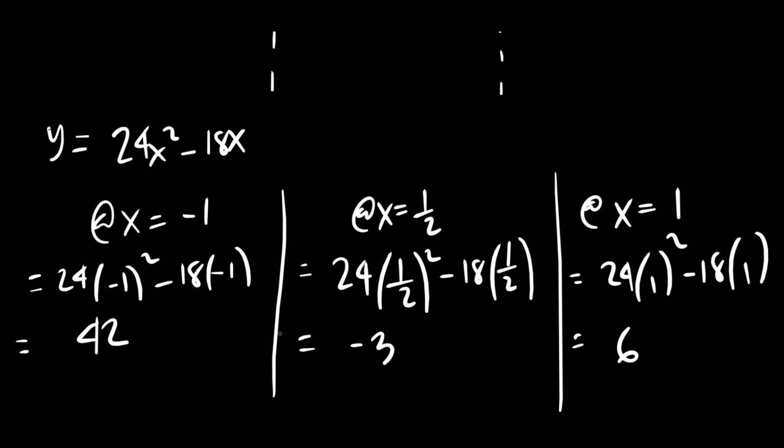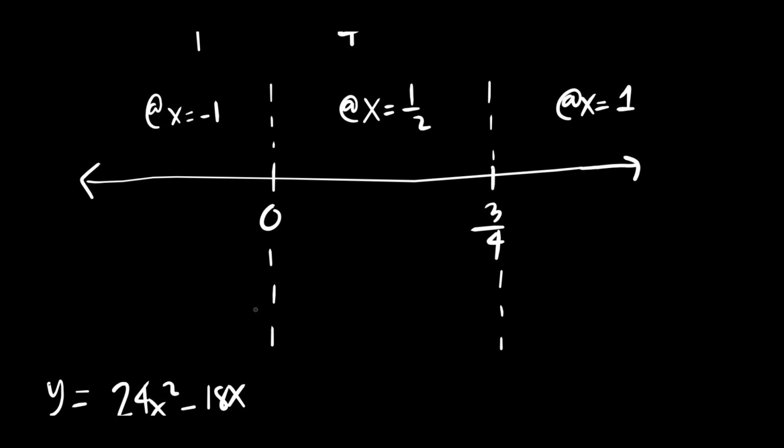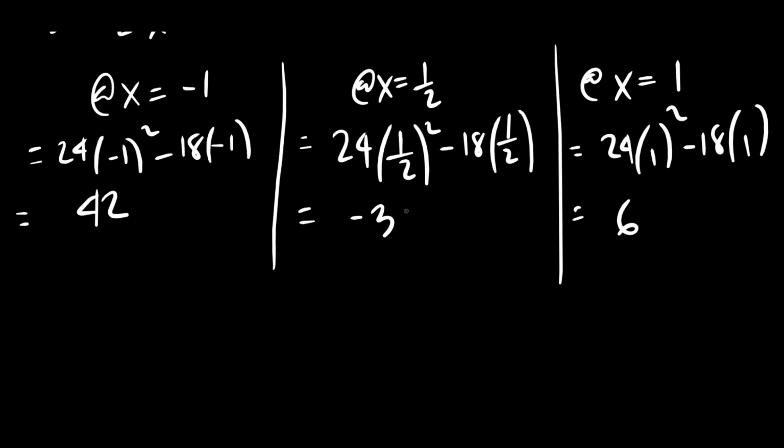So this is the value for positive, and this is also positive, and the only one that is negative is in the middle, right? So positive, positive, and then negative.